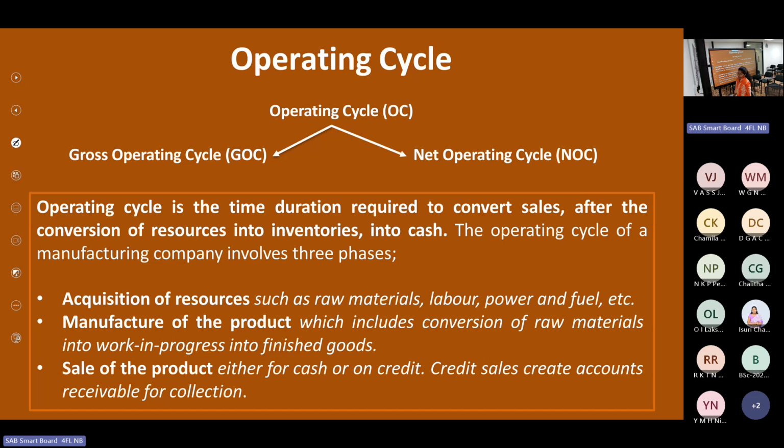Now you can all take down the heading operating cycle. Quickly write it there, and then draw the company's operating cycle. Operating cycle means starting from purchasing raw material to the collection of cash from the debtors.